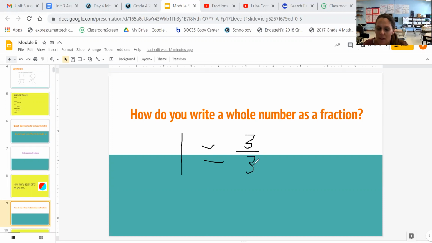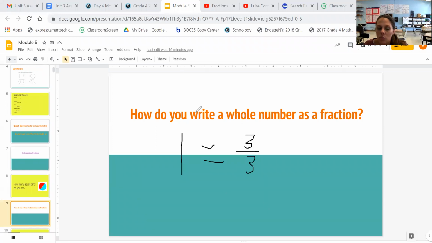Well, 3 divided by 3 equals 1. We could always double check. I'll use my calculator. 3 divided by 3 is 1. We could do 4 divided by 4. It's going to equal 1, right? So we can pick a lot of them.